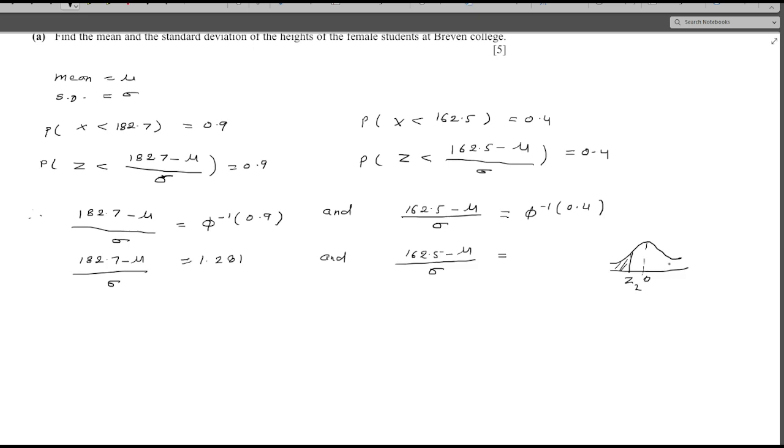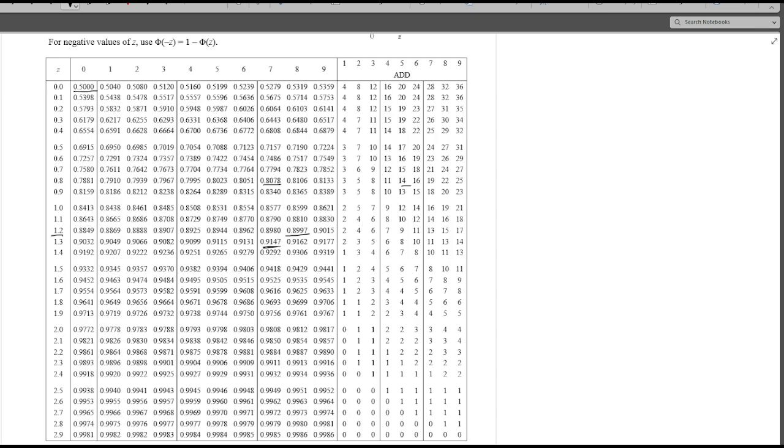Now how will I find that value? For this Z2 which is negative, its symmetrical point is going to be positive, and this time the right hand side area is going to be 0.4. That means the left hand side area is 0.6. So in this normal table, I will look for 0.6.